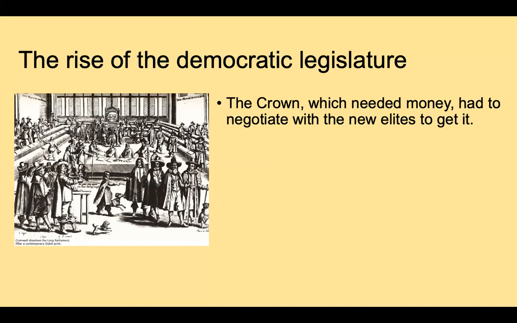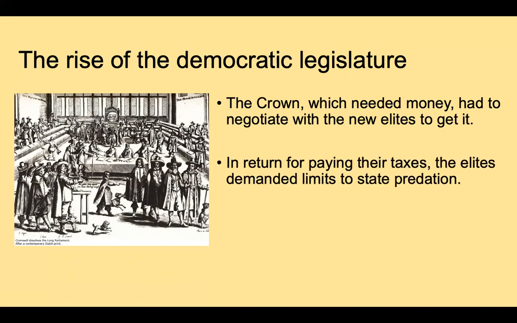Now, to get revenue and to get money, the crown had to negotiate with the new economic elites. They had to enter into a negotiation with them to try to extract the same amount of money and more than they could previously from the old economic elite who were tied primarily to agriculture and the land. Now, in return for paying their taxes, the elites demanded limits to state predation.